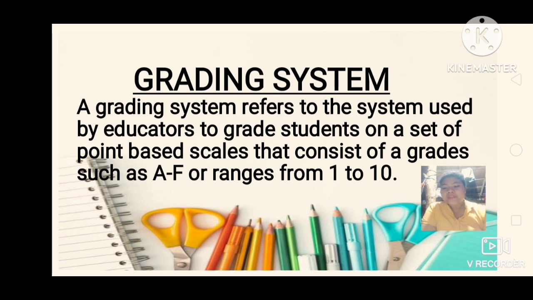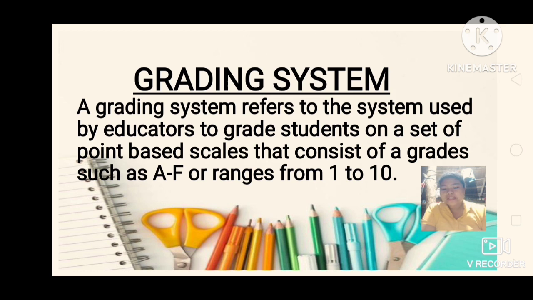If you have noticed, in the Philippines, especially in the Department of Education, or even in the colleges and universities, letters are replaced by numerical values such as 1, 1.23, 1.50, 1.75, 2.0, and so on.